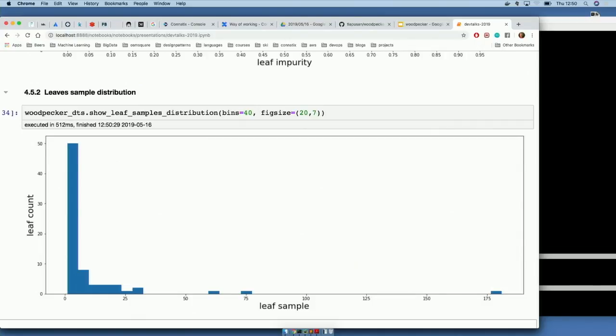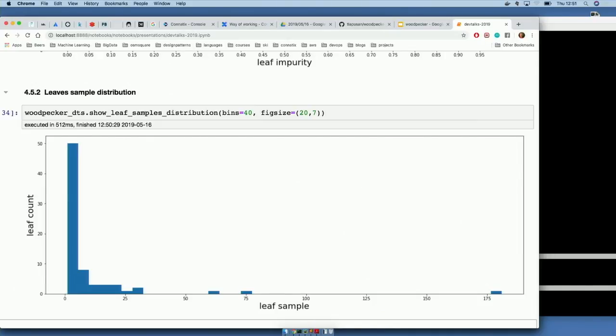And this is a clear sign of overfitting, because we have very, very few samples that reach those leaves. So yes, the model learned the training set very, very well, but on the validation, it has bad performance. Using these two visualizations, it's a clear sign of overfitting, and we know why.